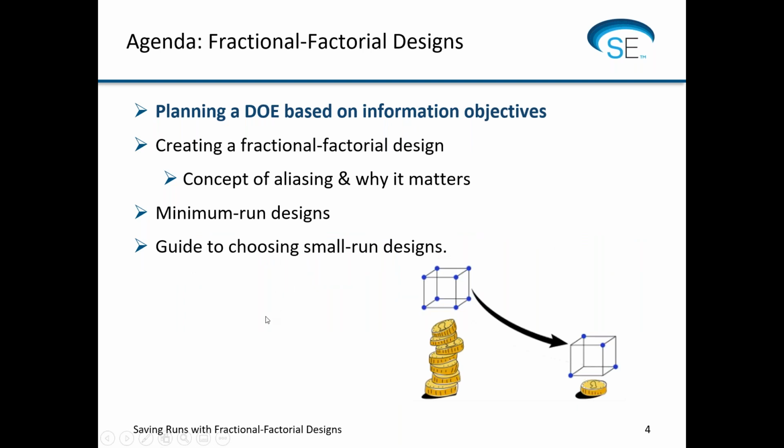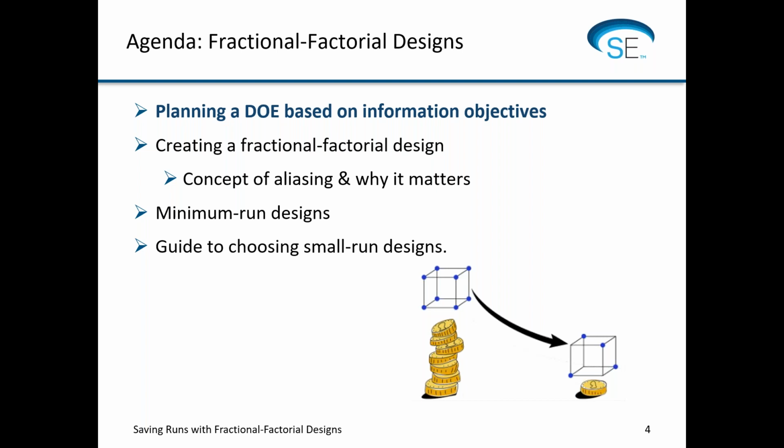Today we have a few main topics. I'm going to start by just reviewing how to plan a DOE based on the type of information that you want to get. Then we'll be expanding on that, saying, okay, now based on this information, how do you create fractional factorial designs? This is kind of under the covers. You don't have to actually do these things because the software is going to do it for you.